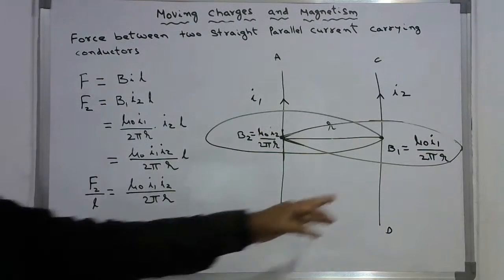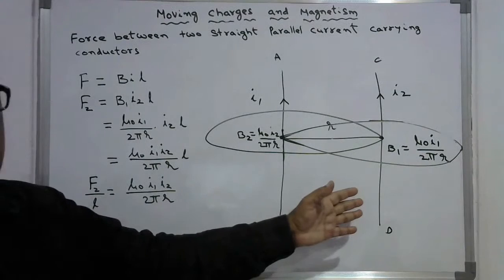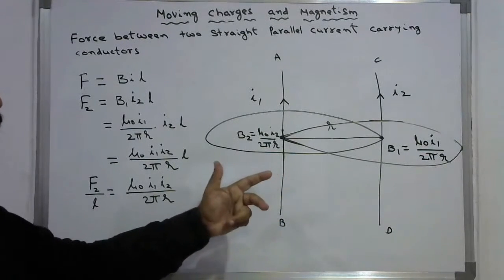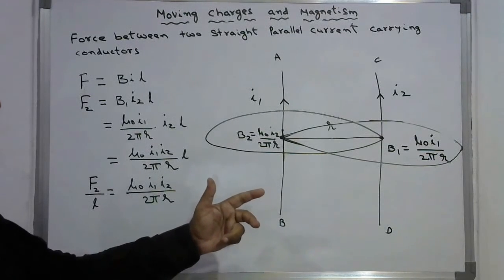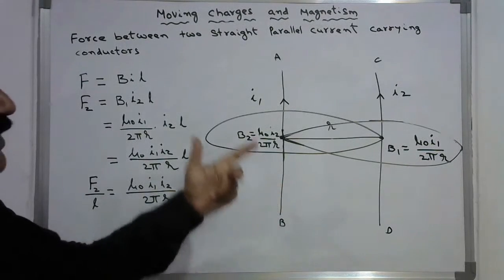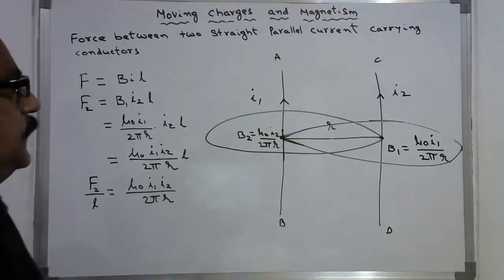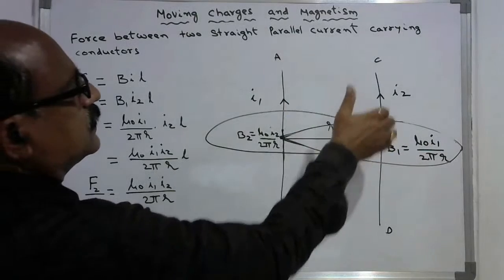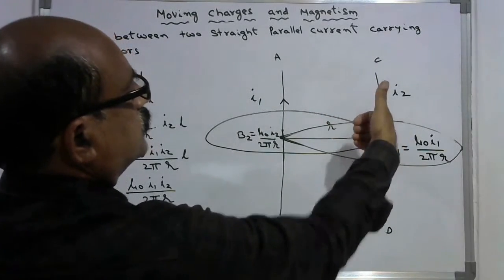This is the force acting on this conductor. Now you can identify the force direction and the direction of B1 and B2 using Fleming's left hand rule. See the current here, the field is in this direction and here in this direction.